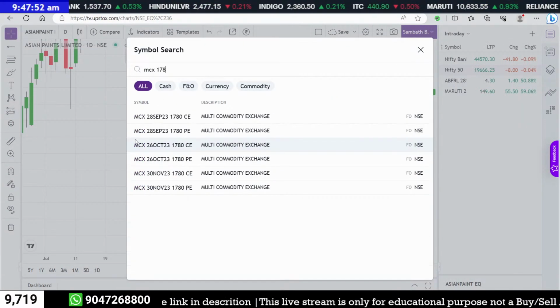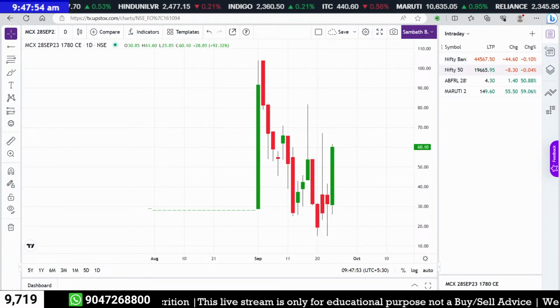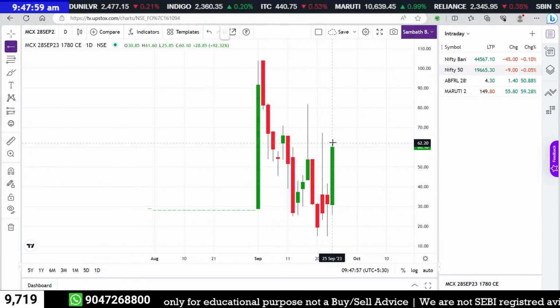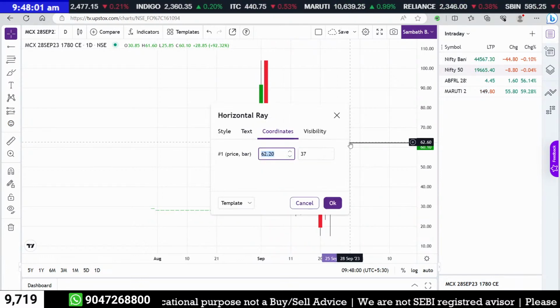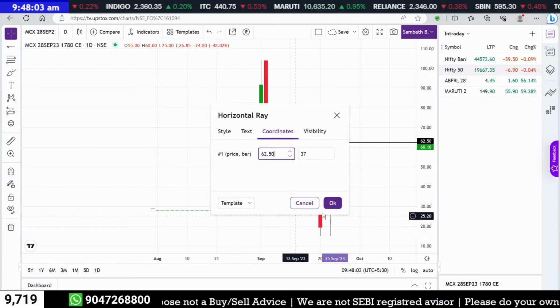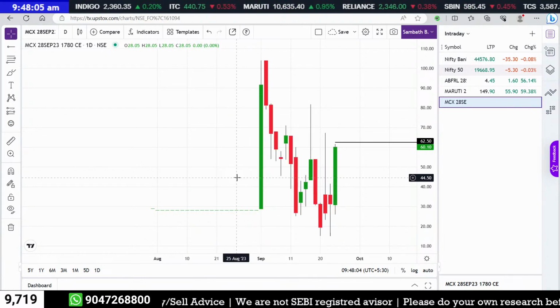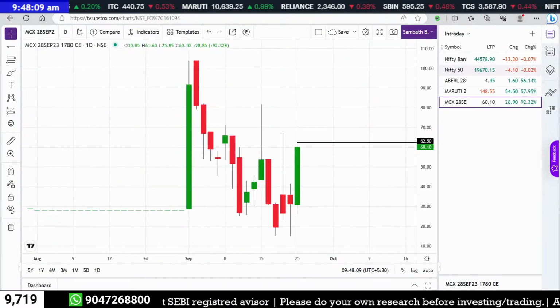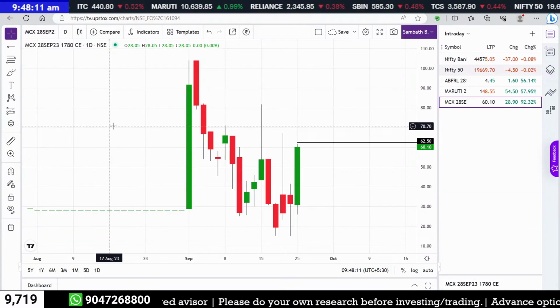MCX 1780, 62.5 should be a breakout, and today started with positive. So maybe a quick scalping kind of thing which we can plan with this scanner. And one more thing we are looking for is Asian Paint 40.5, 3280.